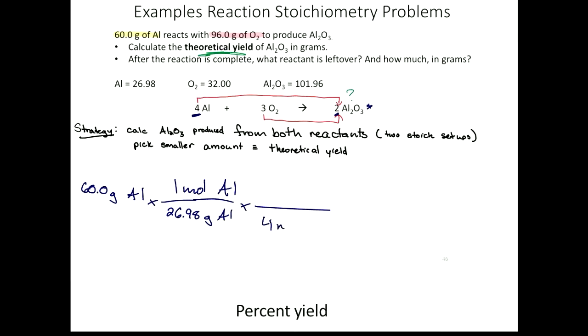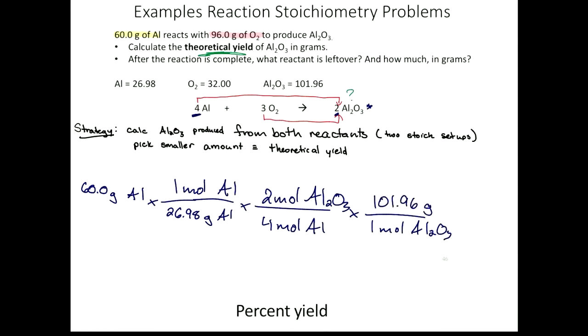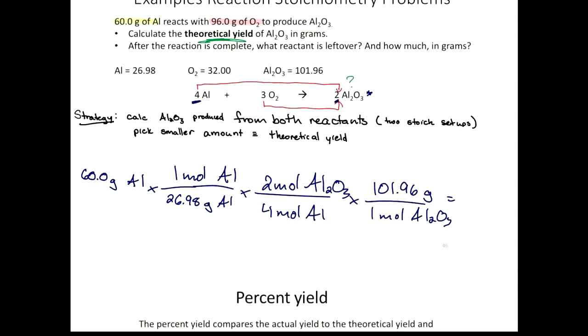So 4 moles of aluminum, because that's where the 4 is in the balanced chemical equation, and then 2 moles of the aluminum oxide, Al2O3, and then lastly, just use the molar mass of the product. So 1 mole of aluminum oxide is 101.96 grams. So I'm just going to leave that equal sign there. I'm not going to calculate it just yet because I want to set up the next one.